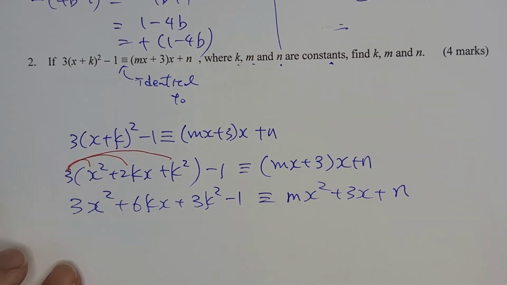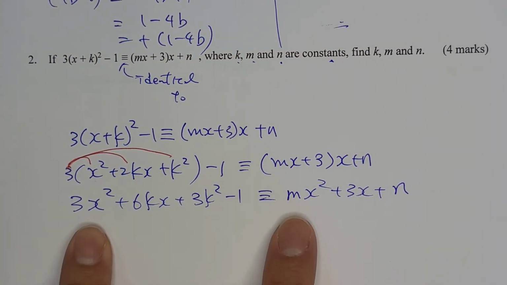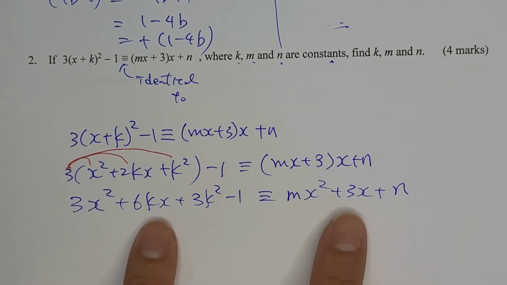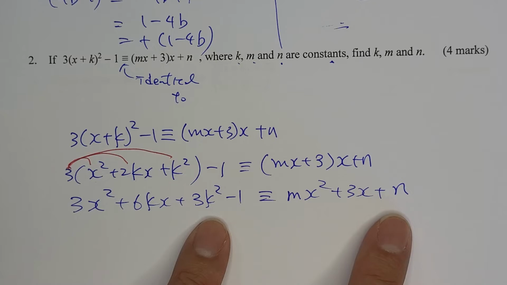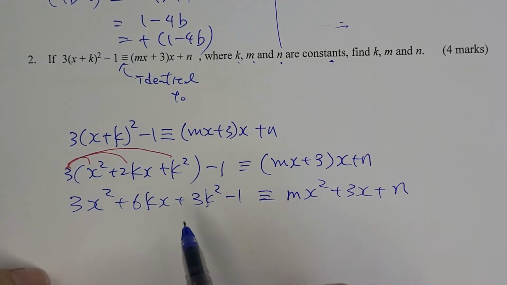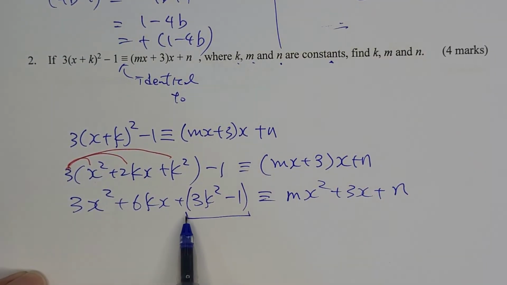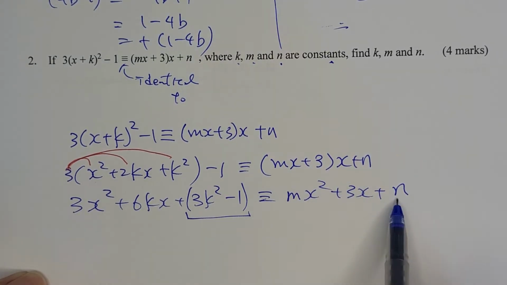And in here you can see that both left hand side and right hand side have the terms x², x, and constant term. And in here, constant term means there's nothing related to x. So you should add bracket to hold it. This constant term, 3k² minus 1, will equal to n.